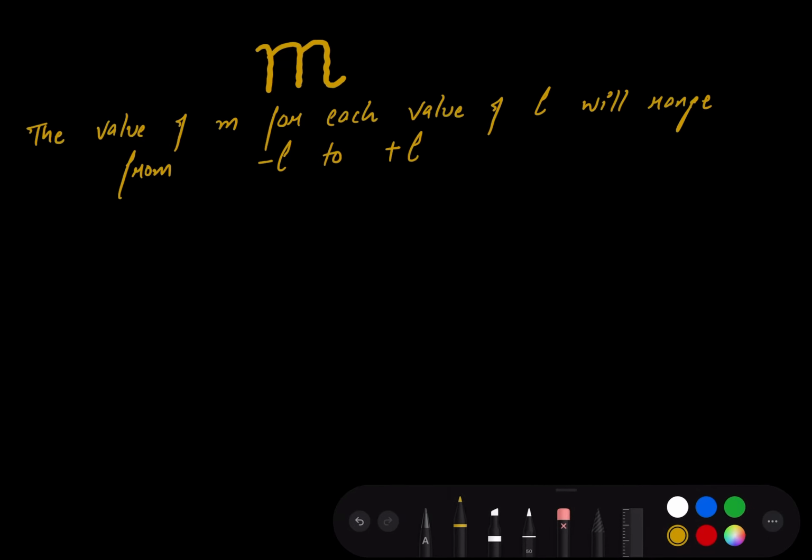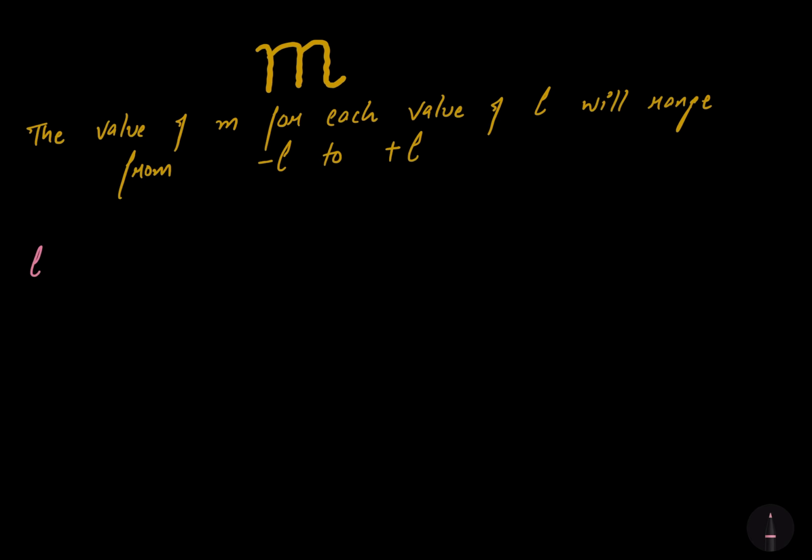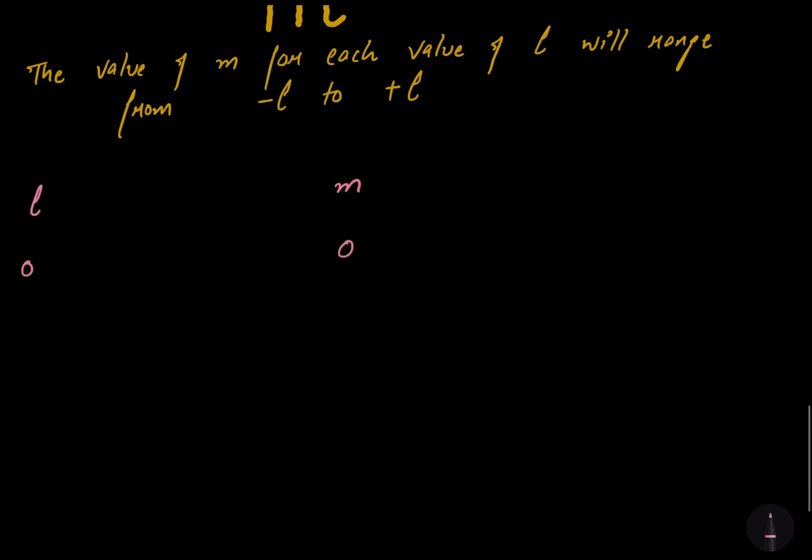So I'm making a table. Assume the value of l is 0. Then the value of m will be only 0. Now assume the value of l to be 1.